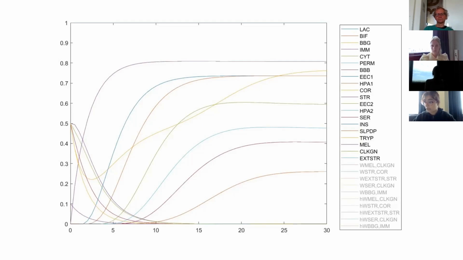In terms of the HPA1 and HPA2 axis, that is irrelevant to our study in this particular scenario, as there are no bacteria in the gut whatsoever, and the tryptophan, melatonin, and serotonin productions are all low, and there is no clock gene regulation. So these are the 3 specific scenarios that we decided to simulate.